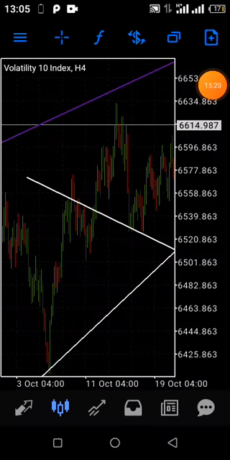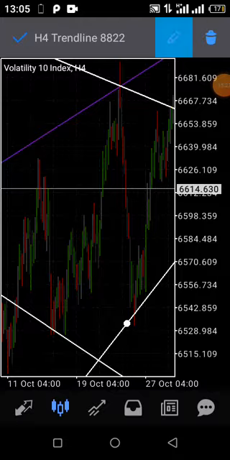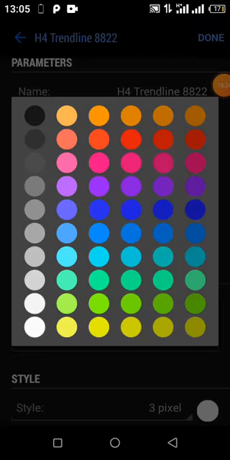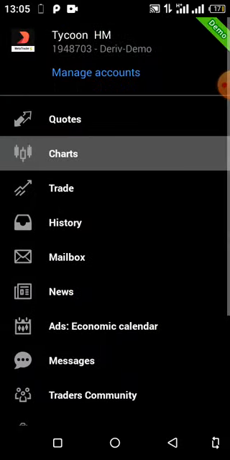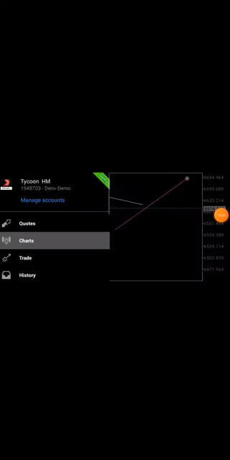Let's take it to, it is supposed to be purple. Okay. So we're looking at this level. Let us check what happened here.